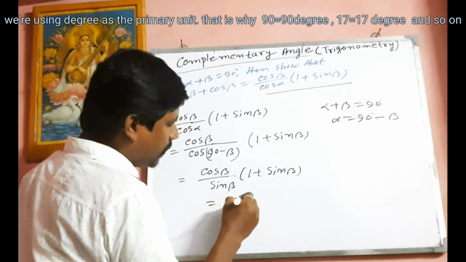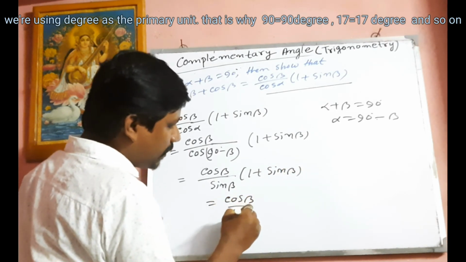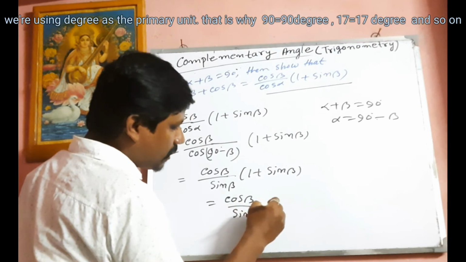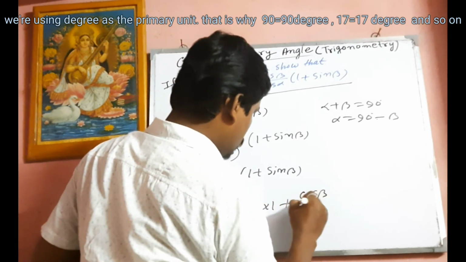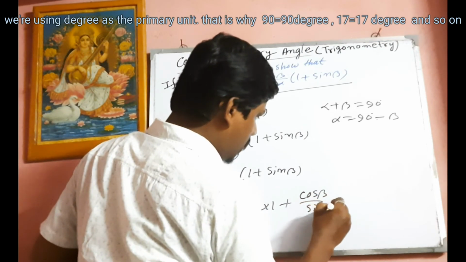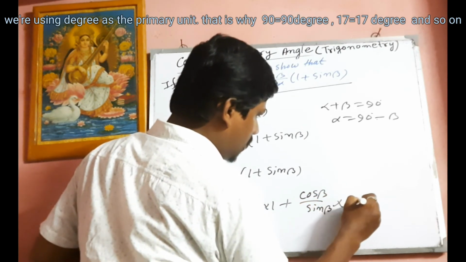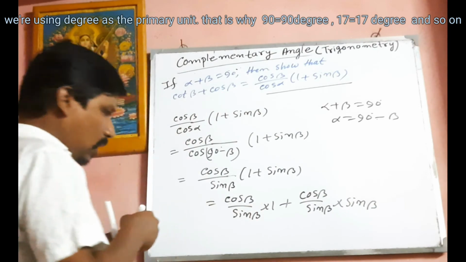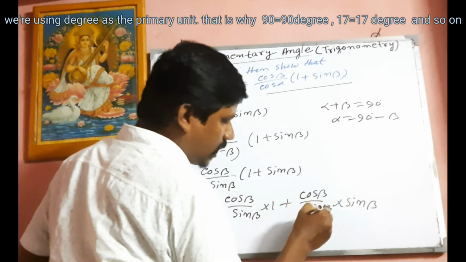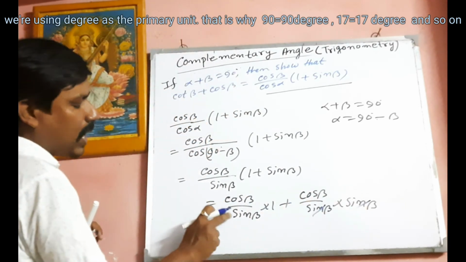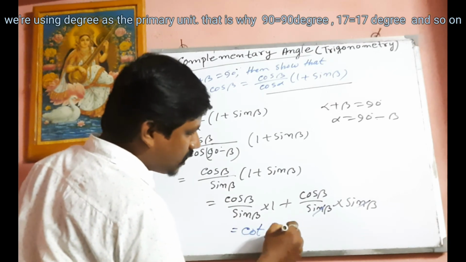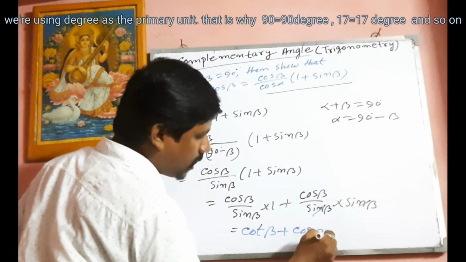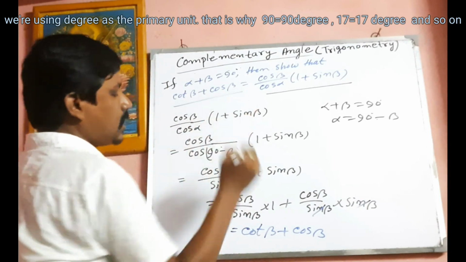So we are multiplying this one with 1, and this one with sin β, and cos by sin is equal to cot. So cot β plus cos β, which is our equivalent.